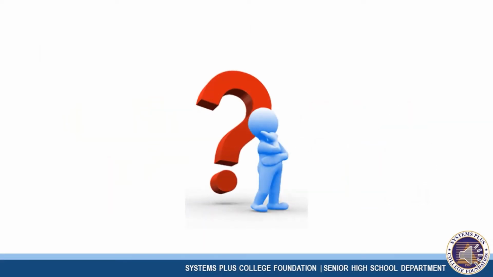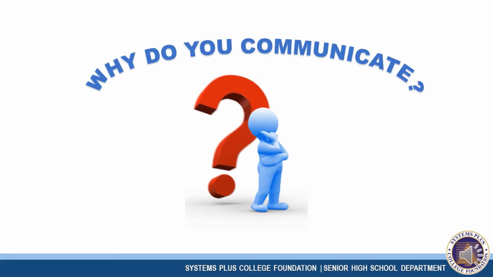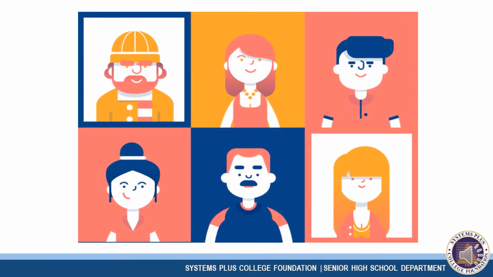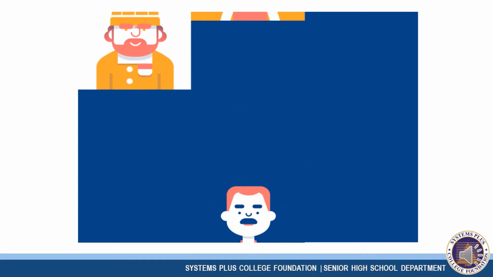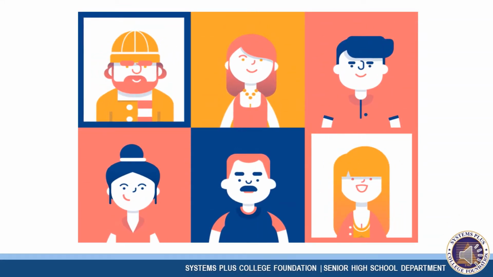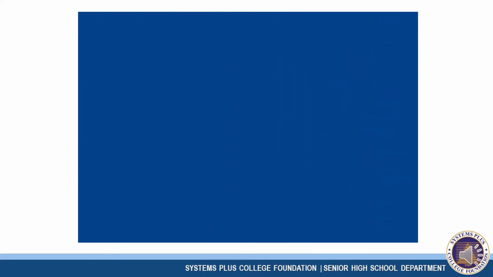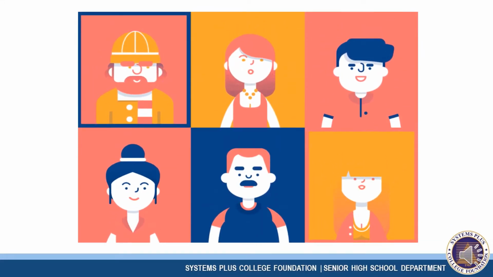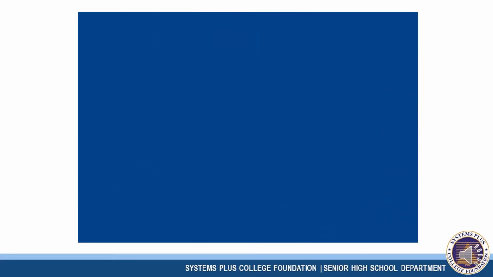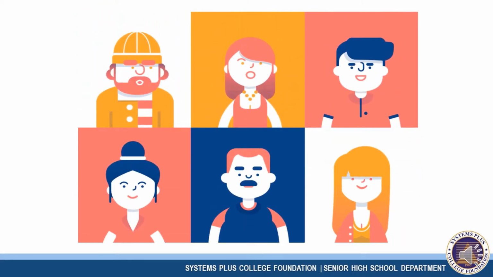And to start our discussion, let us ask the question: why do we communicate? There are different reasons why we communicate. It is not only important, but it is vital for a human being. When you are communicating, you are thinking about yourself, but also about the other people you are trying to send a message to.